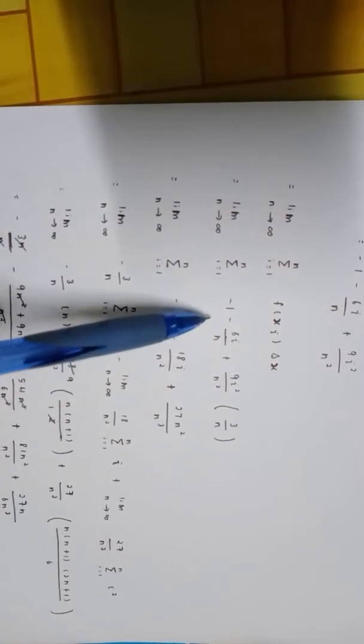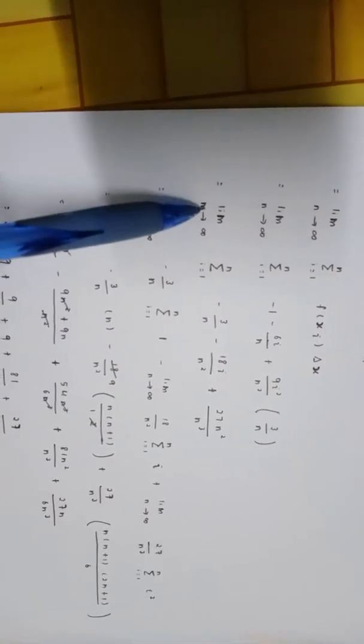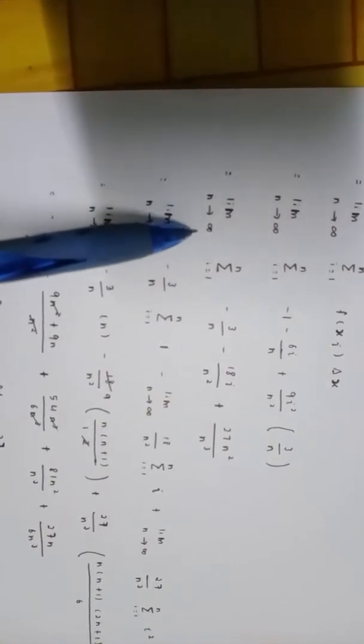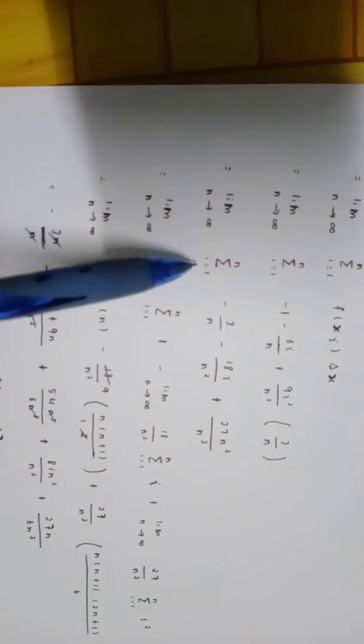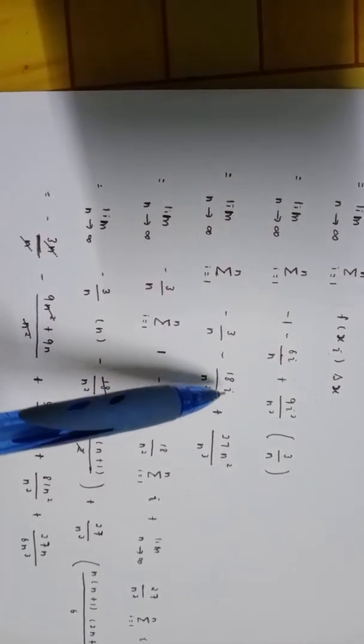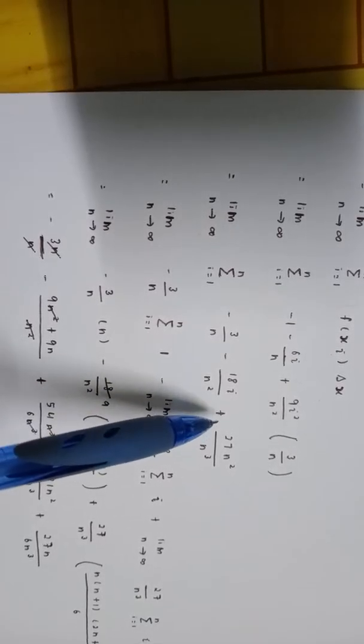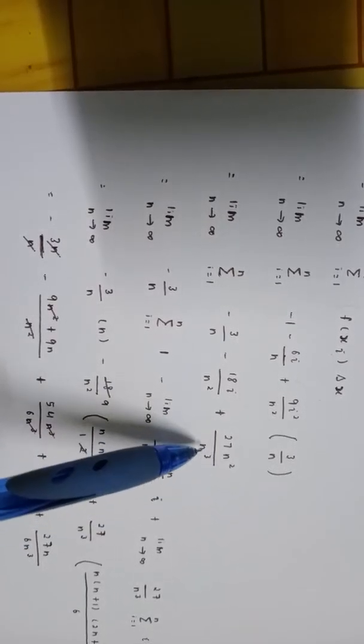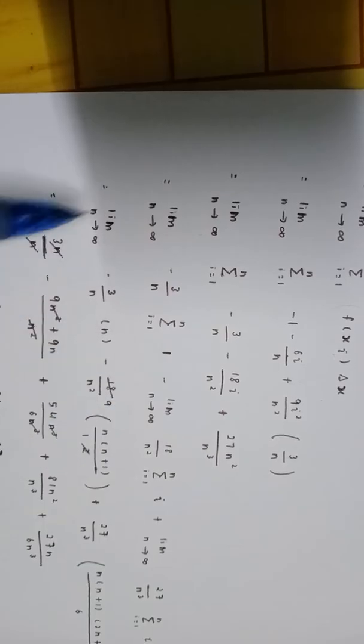So we multiply it and we got the limit as n approaches infinity of the sum from i equals 1 to n of negative 3 over n minus 18i over n squared plus 27i squared over n cubed.